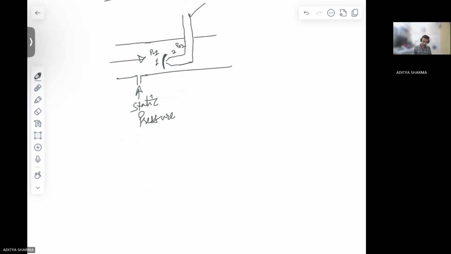Now, flow velocity is there. How are we going to calculate flow velocity?